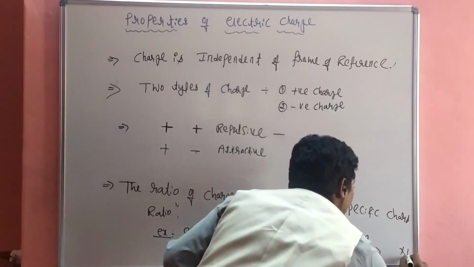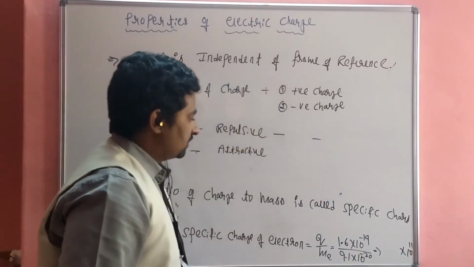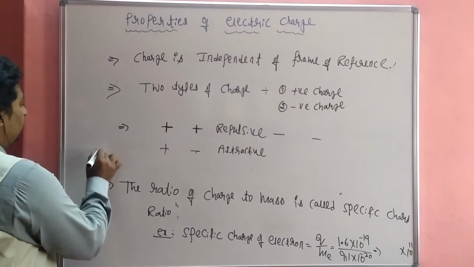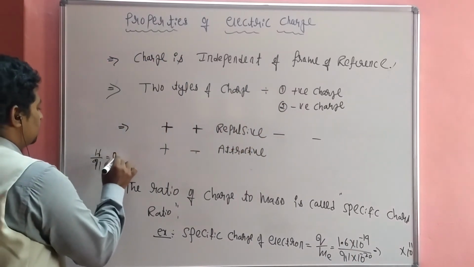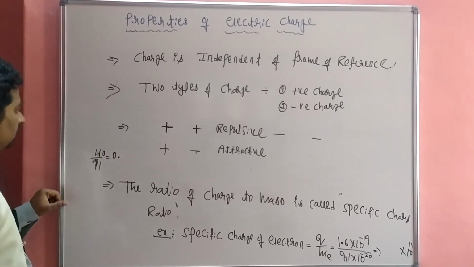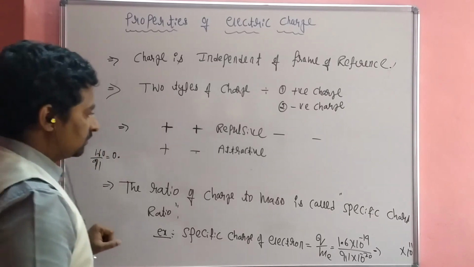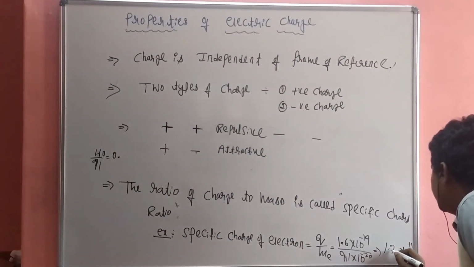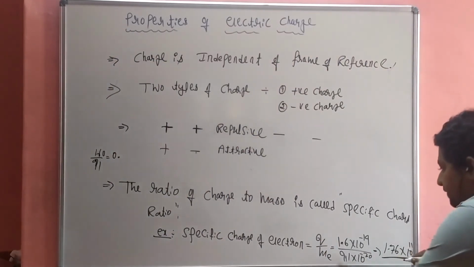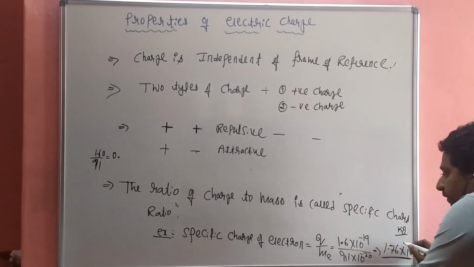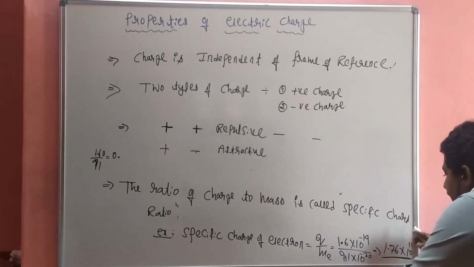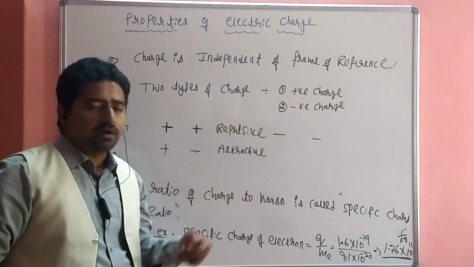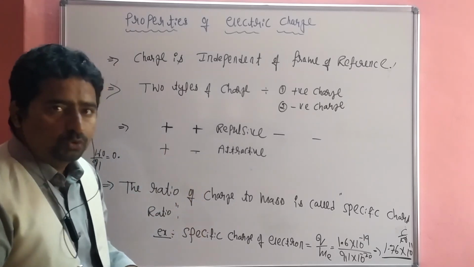So we get 10 to the power of 11, and 1.6 divided by 9.1 gives 0.176, so the answer is 1.76 into 10 to the power of 11 coulomb per kg. This covers the properties of the charges up to NEET and mains level.